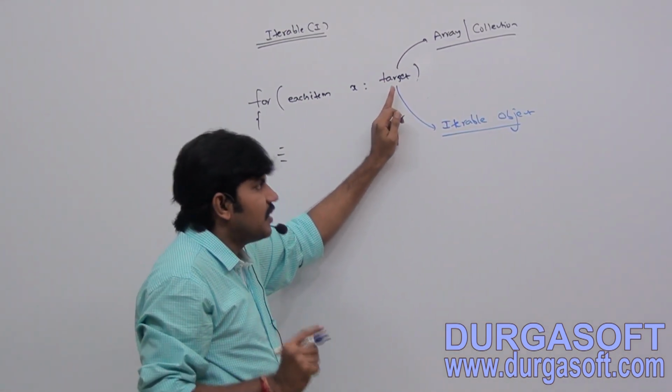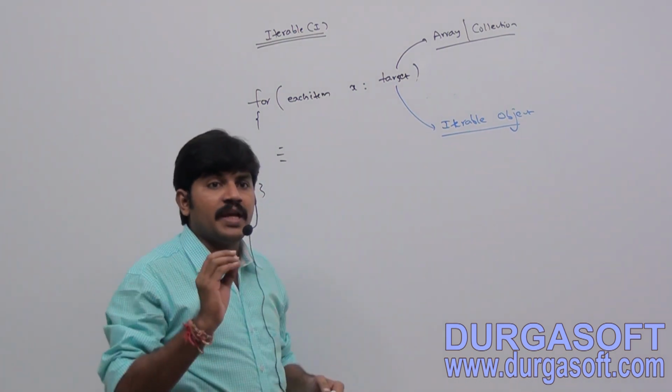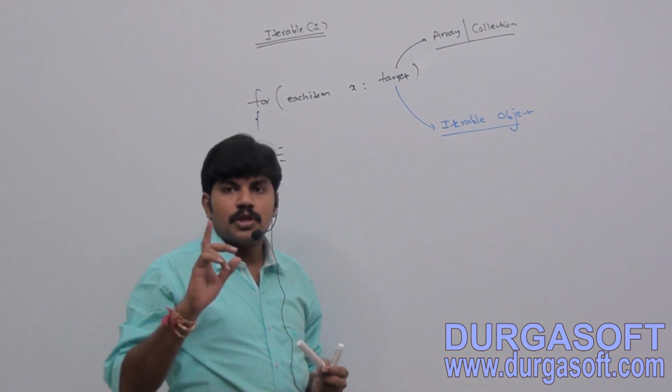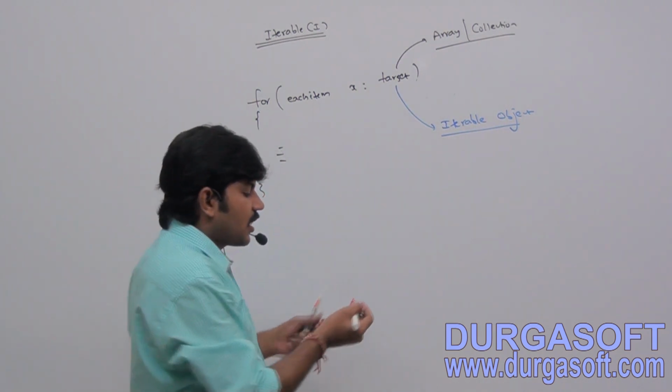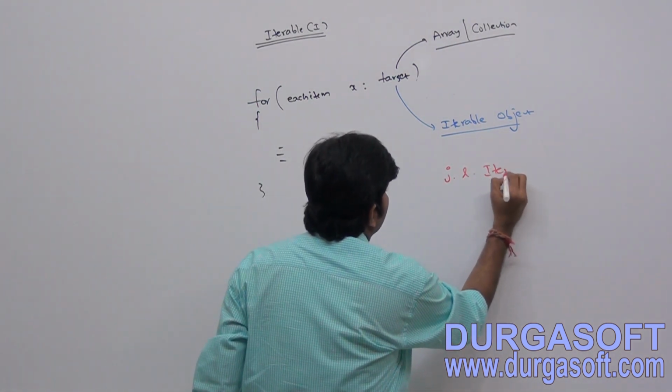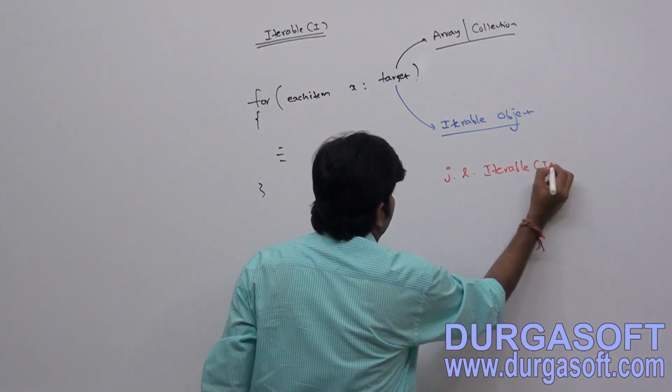When do we say that an object is iterable? If and only if the corresponding class implements the java.lang.Iterable interface.